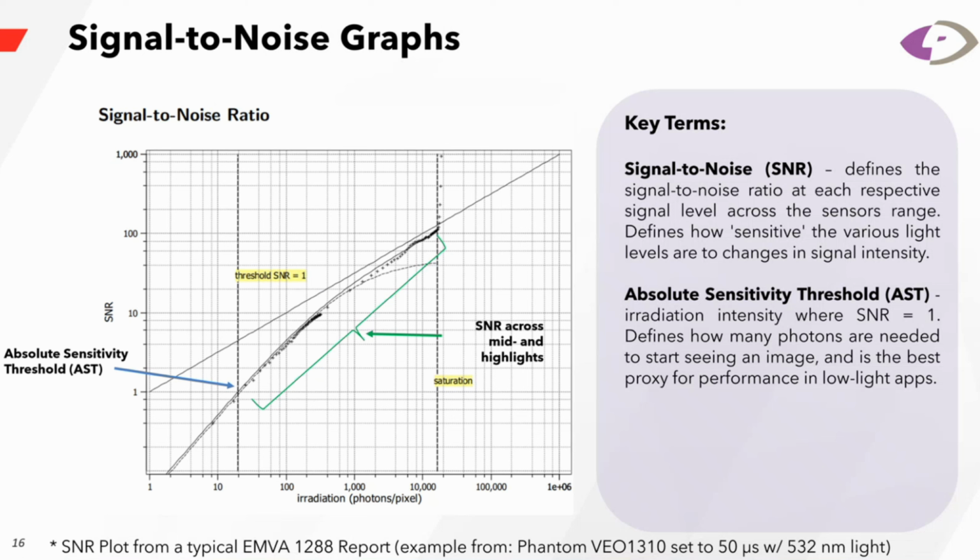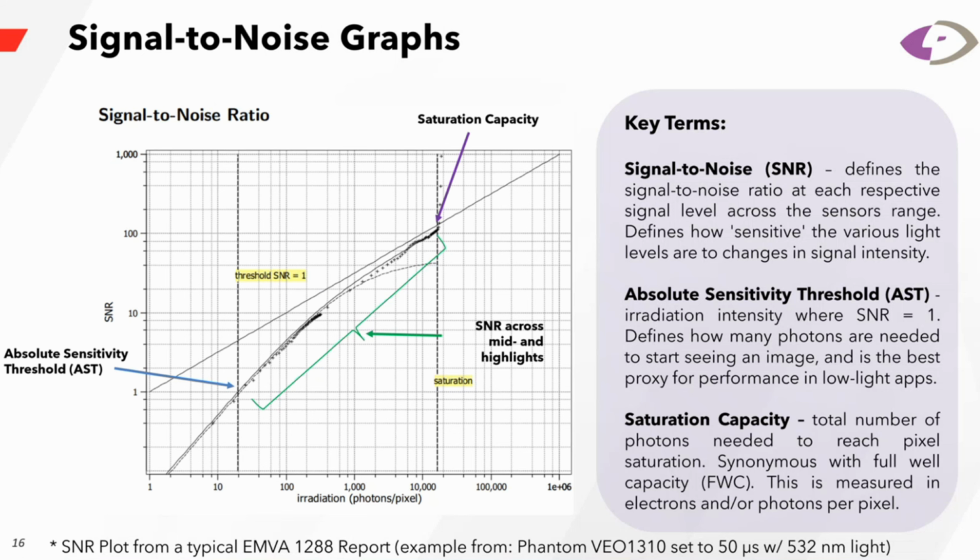If you have one sensor that, for example, takes 100 photons for you to be able to see something versus another sensor that requires 1 photon to see something, you're going to want to go with that lower AST number because you're going to be able to get a better SNR performance for that lower AST number.